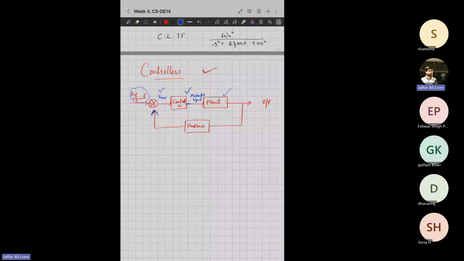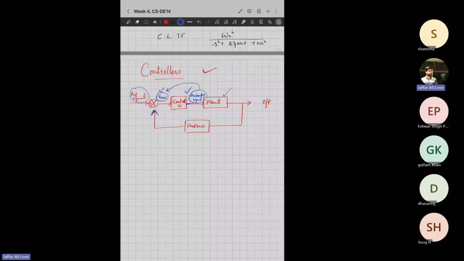Now I am telling you, this controller helps us to achieve the desired goals. For example, I want desired rise time, peak time, etc. It is the controller that is helping me. If the output of the controller, which is the actuating signal, is proportional to the error signal, see, input is error, output is actuating signal.